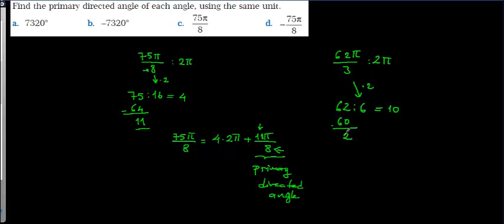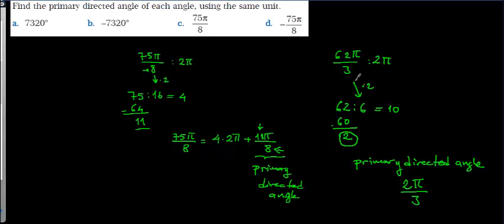This remainder is written as the primary directed angle, which is 2 pi over 3.